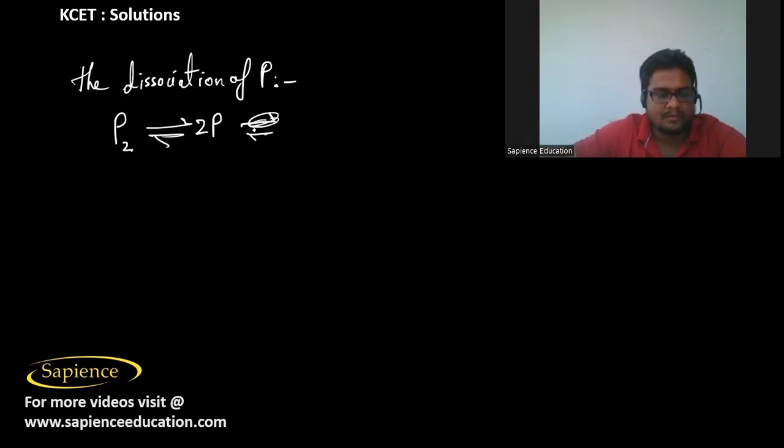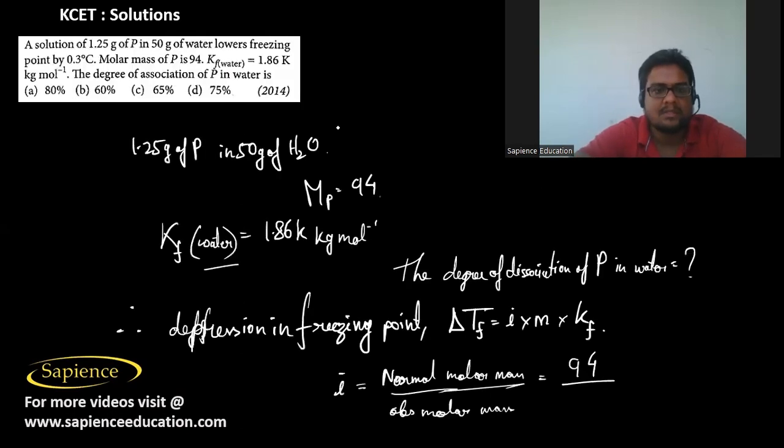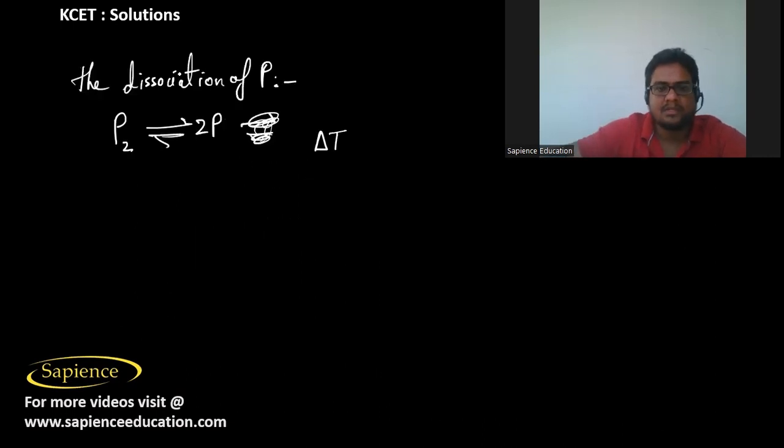So here the delta T, which is the depression in the freezing point, delta Tf, that is given as 0.3 degree Celsius.